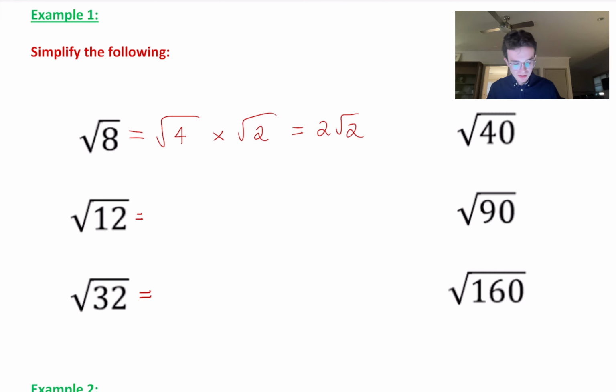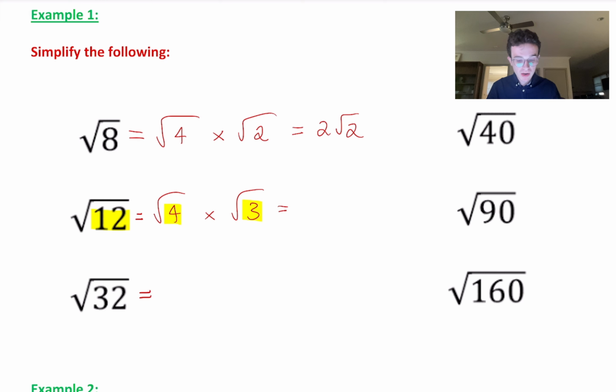So let's look at the list. The square root of 12, the largest square number we want is going to be 4. And that's because this is the square root of 4 times the square root of 3, because 4 times 3 is 12. So we're not just pulling these numbers out of nowhere. We have to think, what square number goes into 12? And that's 4.